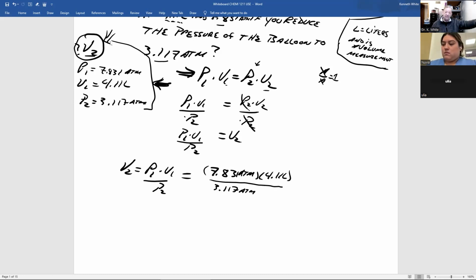Now, before I pick up my calculator down here, I'm going to look that the units cancel out to give me the right units. And notice here, I have atmospheres, anything divided by itself equals the number 1, cancels out. What am I left with? Liters. Is that a volume? Yes. So I'm on the right track. And now I can pick up my calculator.